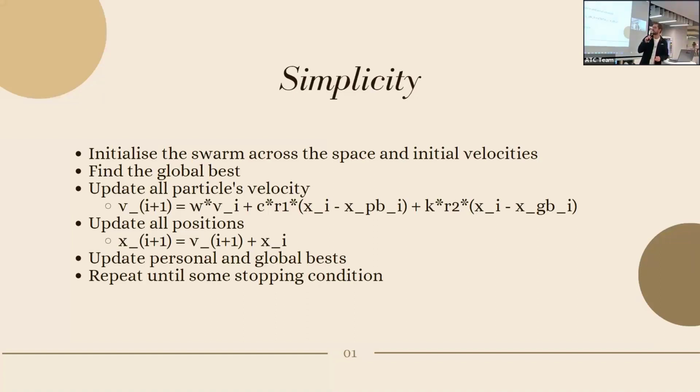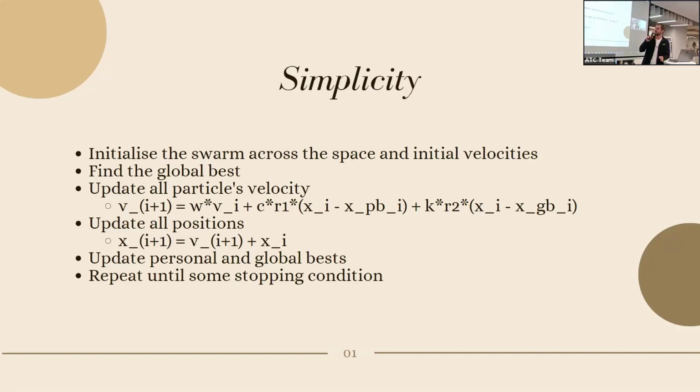A good example of this is the original particle swarm optimization algorithm. To set up a particle swarm optimization, you have to decide on the number of particles in your swarm and initialize them randomly across your search space. Then you find across each of the particles which one best suits your current optimization function.